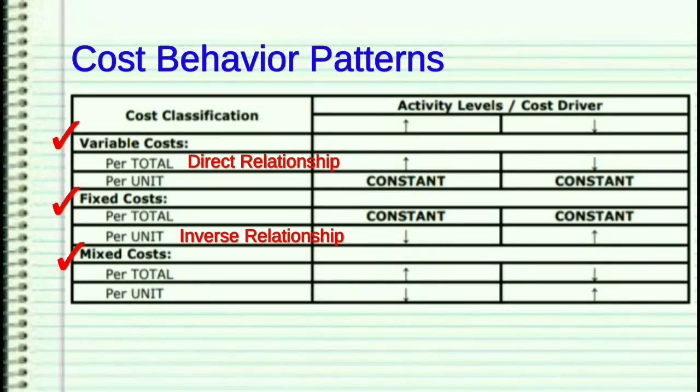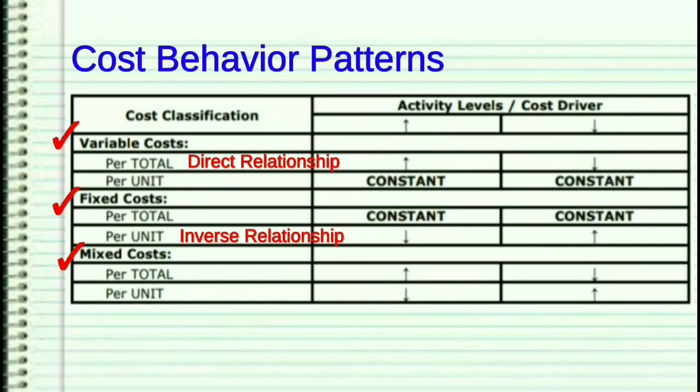Isipin mo na lang, merong relationship si fixed cost per unit at activity level or cost driver. Yun nga lang, ang kanilang relationship ay long-distance relationship. Kasi yung isa pataas, yung isa pababa.